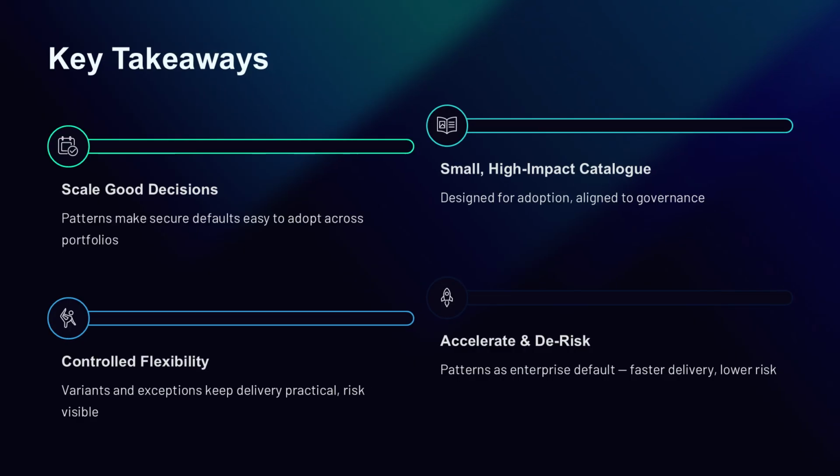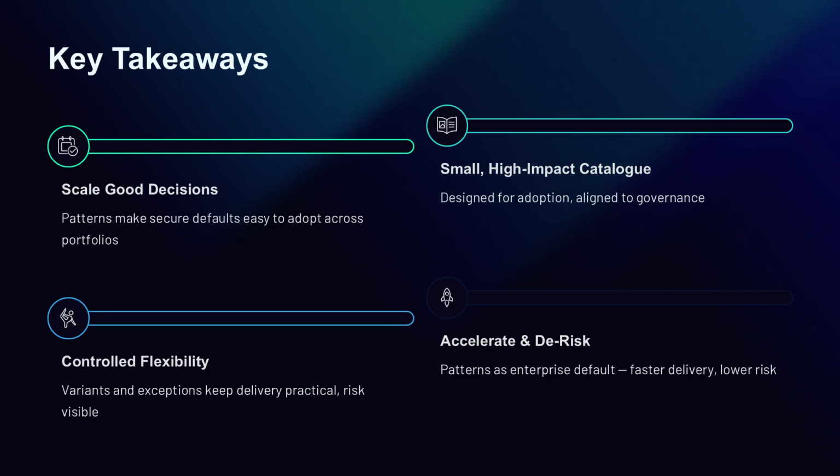Let's now discuss the key takeaways from what you learned so far, so you can standardize identity, network, logging, and data protection using reusable architecture patterns. Reusable patterns scale good decisions by making secure and supportable defaults easy to adopt across portfolios.